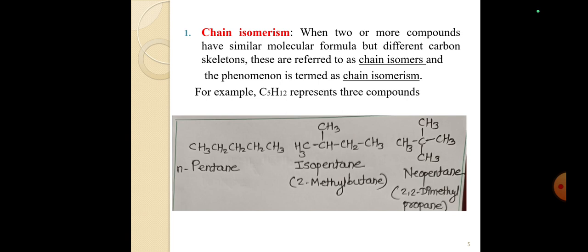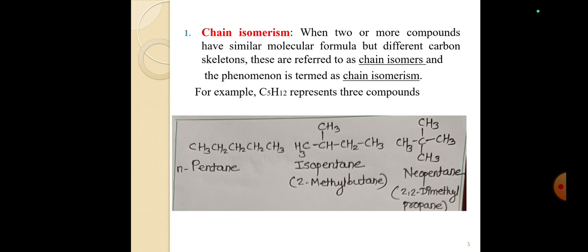In this, you can see the second last carbon atom, for the iso definition, carries a methyl group. It means the second carbon atom is having branching. This is called the iso position. So the skeleton of n-pentane is different from isopentane.